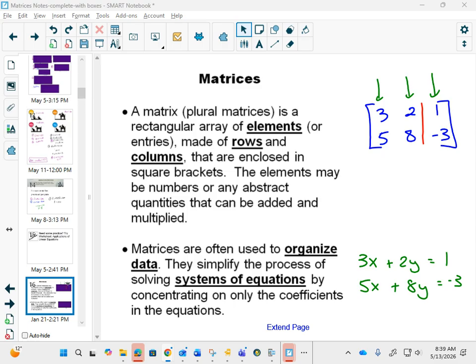And so once again, as long as your x's are lined up in one column, your y's are lined up in another column, and your numbers are in another column, then the matrix allows you to write just a little bit less than the equation was, right?